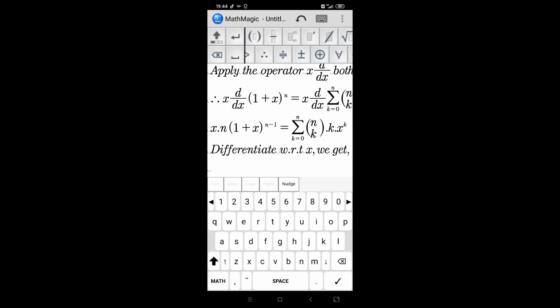Here we are going to use the product rule.